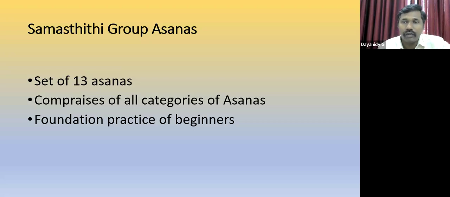These 13 asanas cover most of the categories. This is the foundation practice for beginners, because these asanas can be easily done by all categories of people, and they can develop themselves.